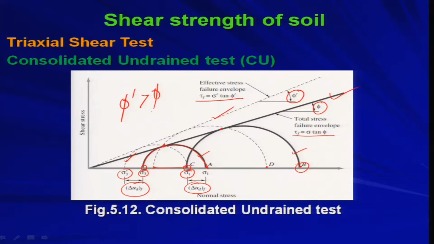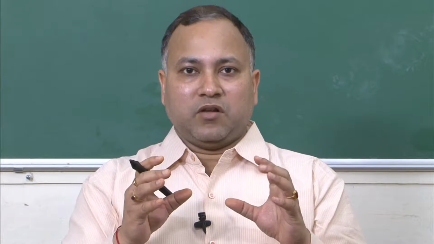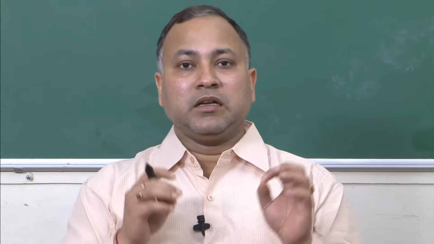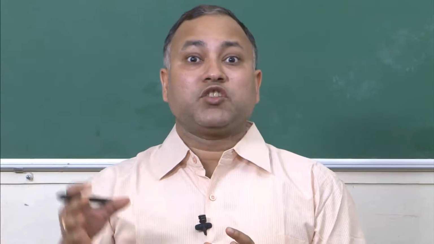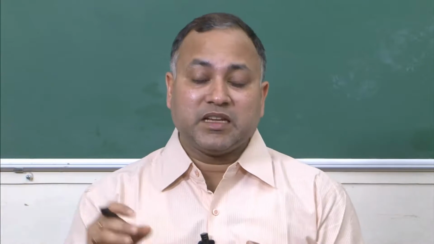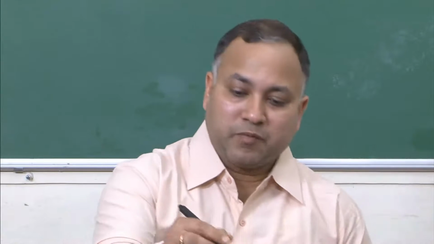So if you report the angle of internal friction of a soil sample based on this consolidated undrained test, using the total stress concept, the phi value you report will always be lesser than the actually developed effective stress parameter phi prime.